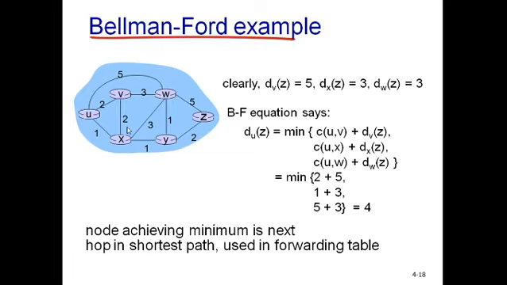U is directly connected with V with a cost of 2, X is directly connected with U with a cost of 1, and W is directly connected with U with a cost of 5. Bellman-Ford says if you want to reach from U to Z, you have to find the cost from all your neighbors to Z, and whichever is minimum will be the final cost.